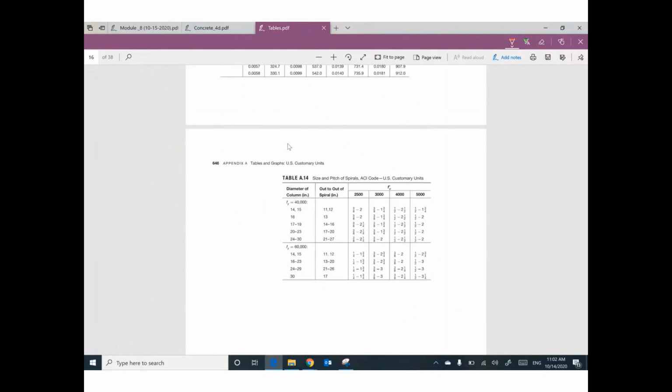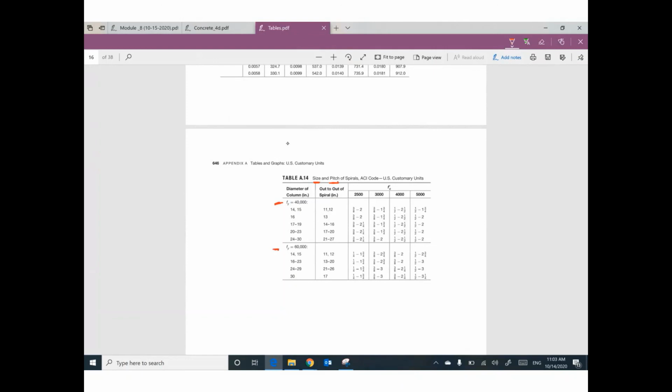Table A14. This table can give you the size of the spiral and the pitch according to ACI. So what is the value of F yield?